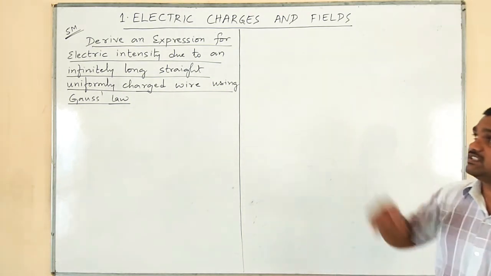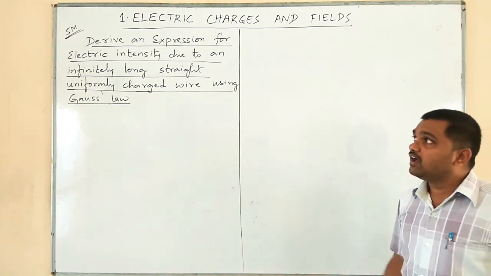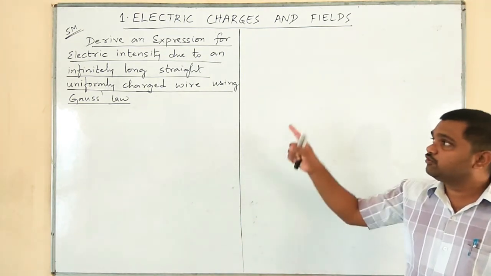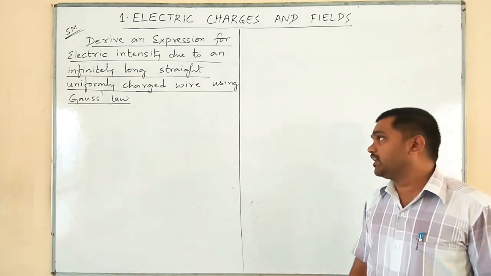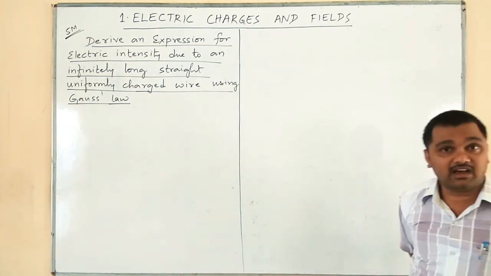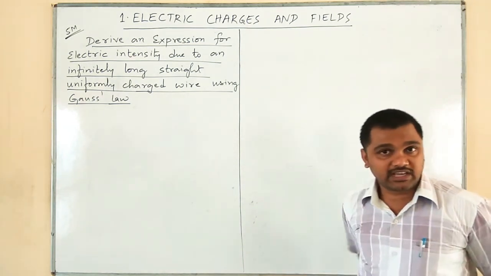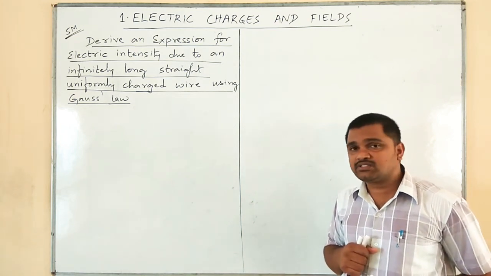Okay, so it says: derive an expression for electric intensity at a point due to an infinitely long straight uniformly charged wire using Gauss law. In order to derive the expression for electric intensity using Gauss law, you have to remember 3 rules that I taught in the last class, isn't it? Which are those 3 rules?